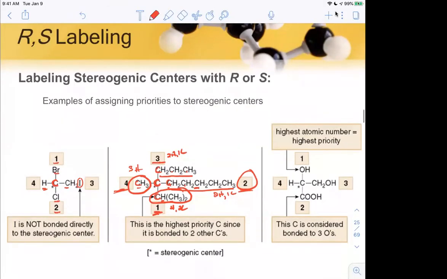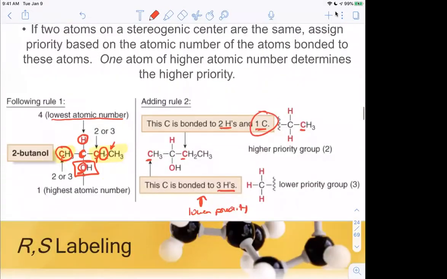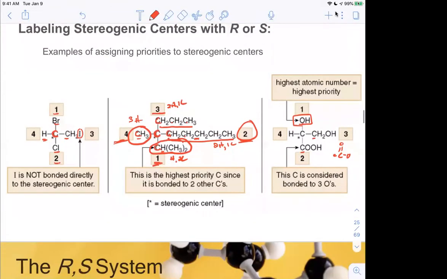Let's look at this guy. Here I have an OH, or I have a CH2OH, or I have a carbonyl. This is going to be a COOH. This is what's attached. So this is my low priority because it's a hydrogen.